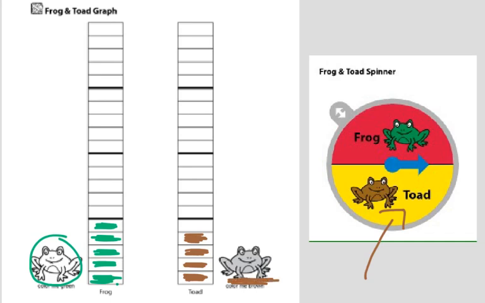Now it's time for your tricky question, and I'm going to see if you can answer this one by yourself. This is our than question. Here's the word than. I'm going to ask you, how many more does frog have than toad?